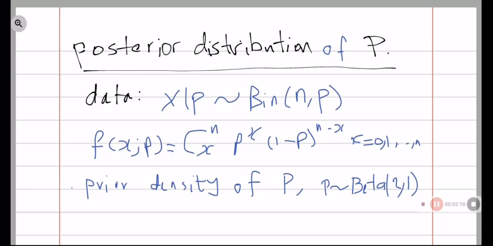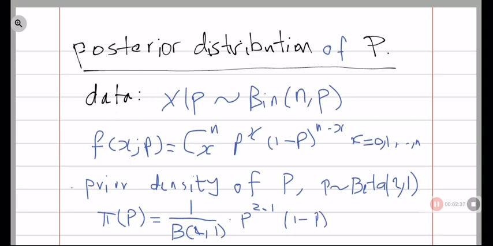So you can say pi of P, which is the prior density, is equal to 1 divided by beta function of 2 and 1, and then P to the power 2 minus 1, 1 minus P to the power 1 minus 1.